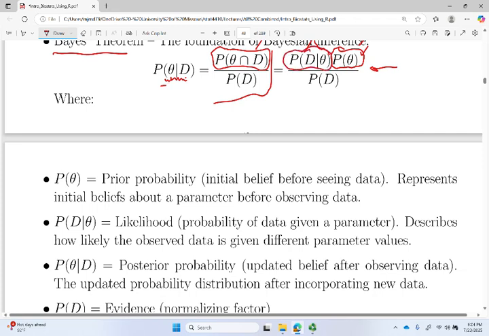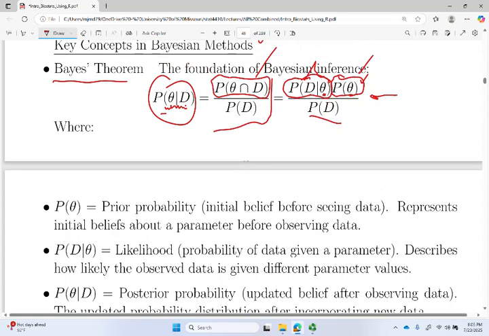So we're collecting data under the assumption of our parameter theta. We had prior beliefs, so we put it there. We collect data, and we see how likely collecting that data is given our belief. And this is just a normalizing constant to make everything add up to 1. It makes it a density.